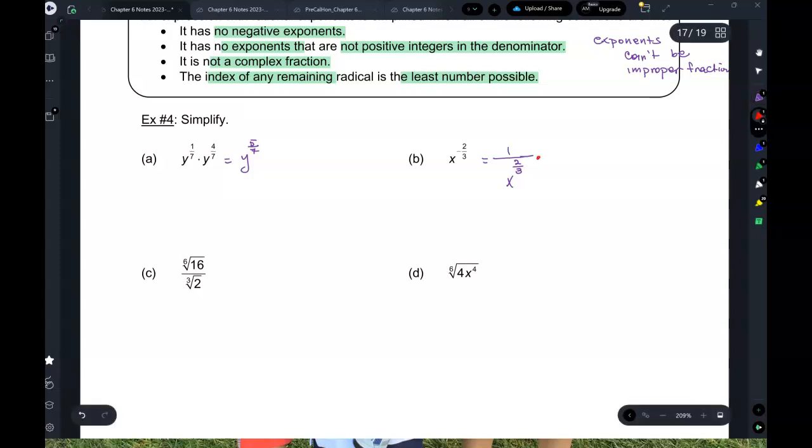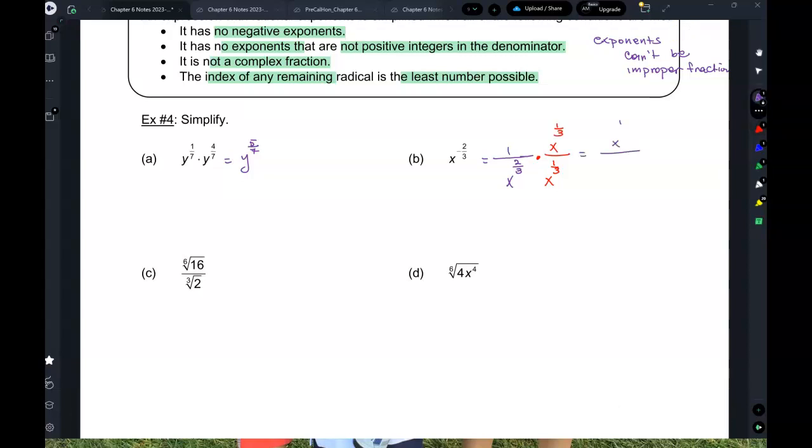So I can multiply this by x to the power of 1/3. Because it's 2/3, I have to add another fraction to make it 3 over 3. 2 over 3 plus 1 over 3 is 3 over 3. So I multiply this by x to the 1 over 3, but I also have to multiply the top by x to the 1 over 3.